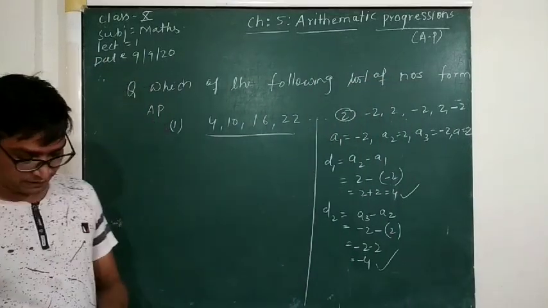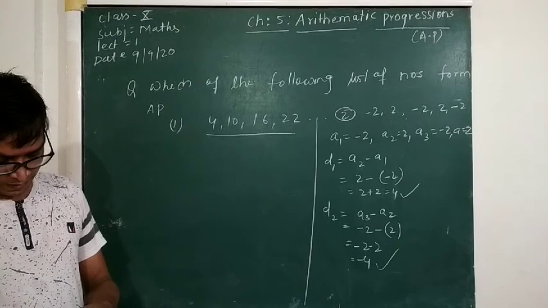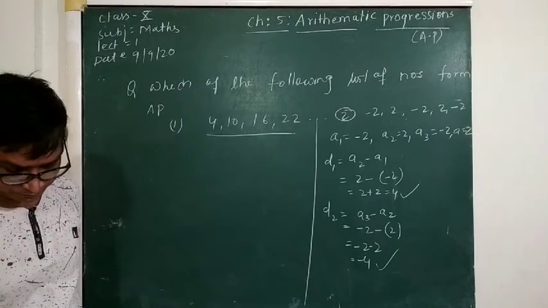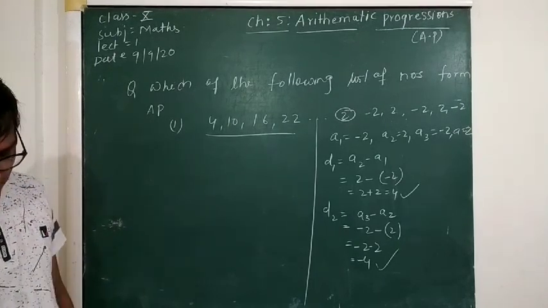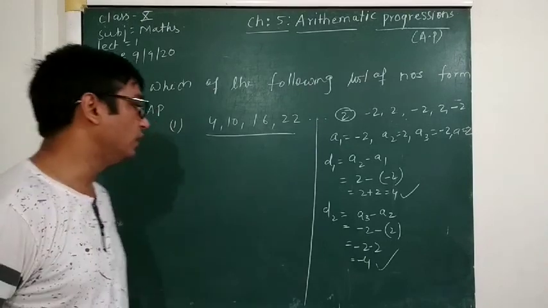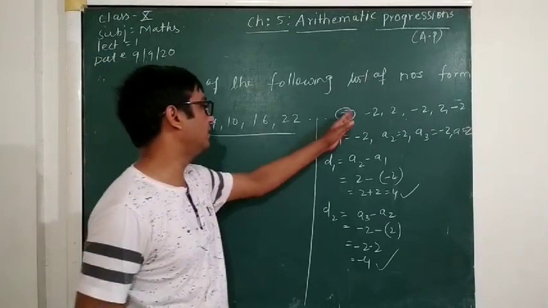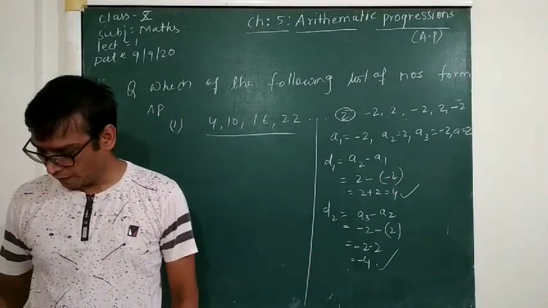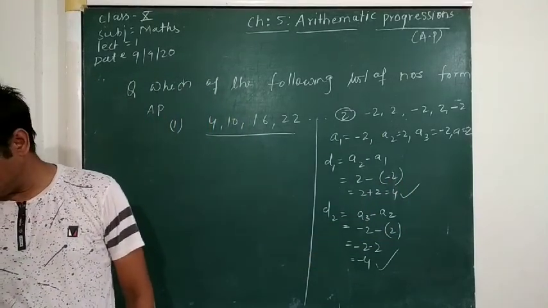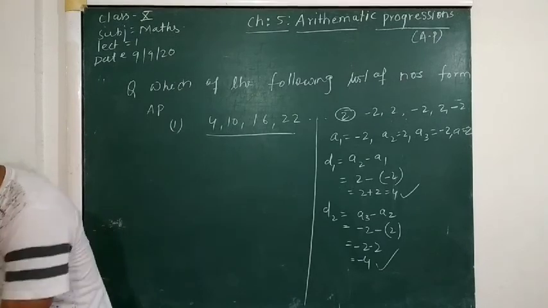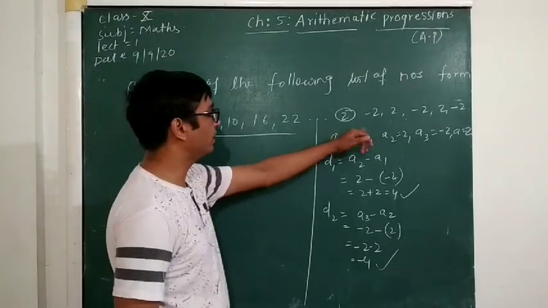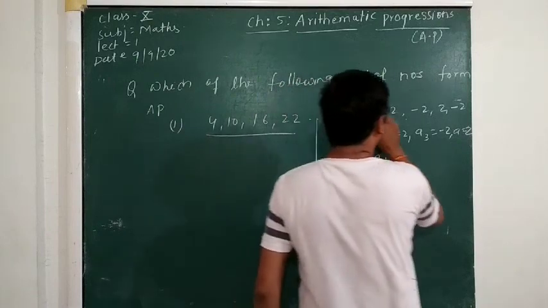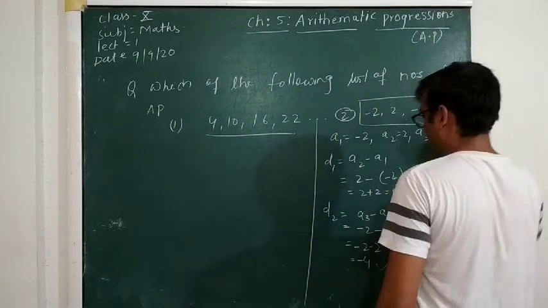Means there is a difference. The difference is found to be different in both cases. So for this case, you can say the given list of numbers does not form an AP.